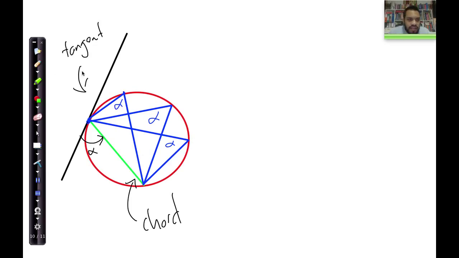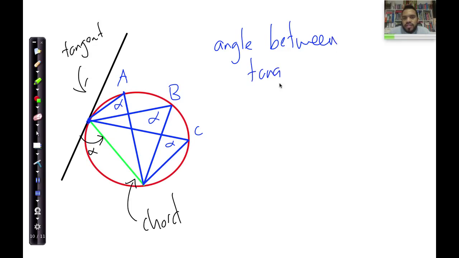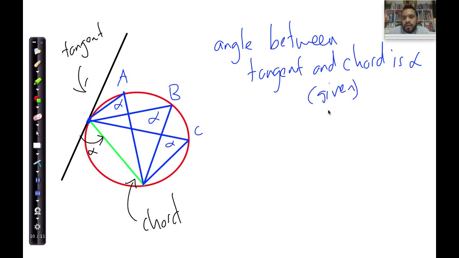Now, I'm going to call it angle A, B, C, right? So I'm going to say alpha is the angle between the tangent and chord. Between tangent and chord is alpha. Now that's given, right? Now you can conclude that angle A is also equal to alpha. Angle B is equal to angle A, which is equal to alpha.